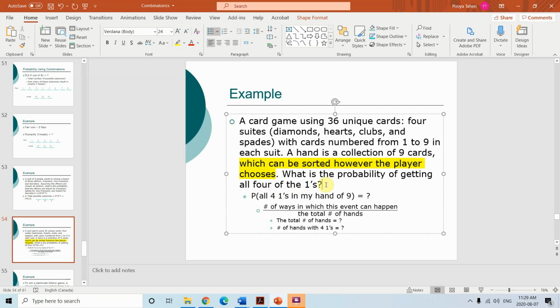Okay, first of all, let's look at the general formula for the probability. First we have to find the total number of hands that we can have. We already did this.